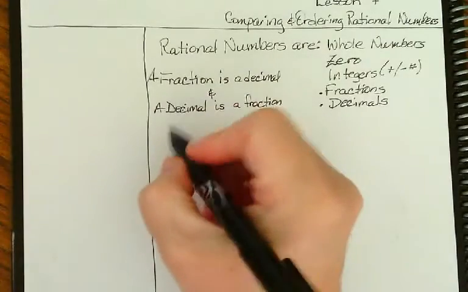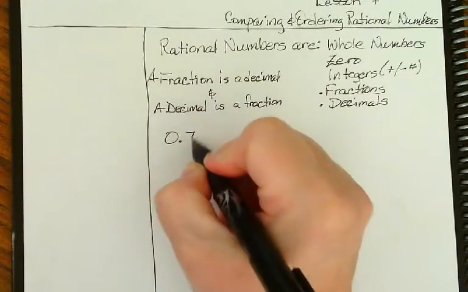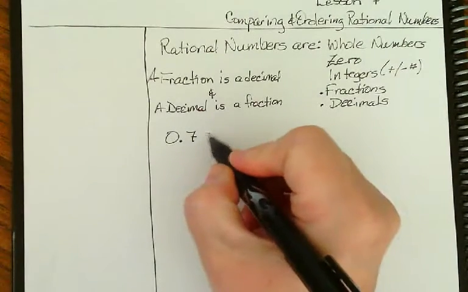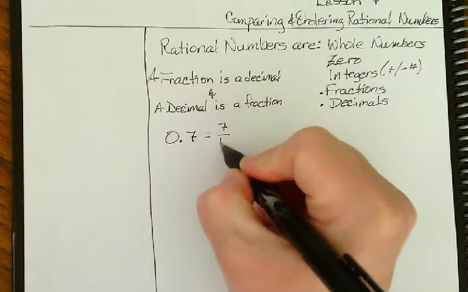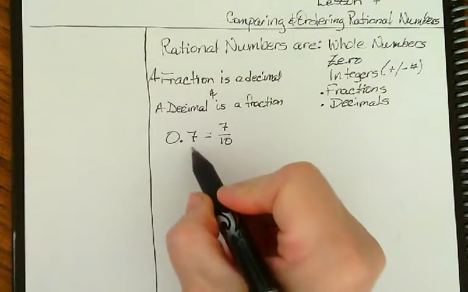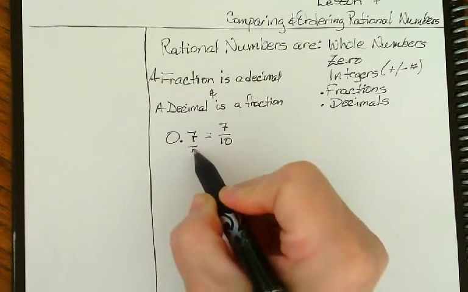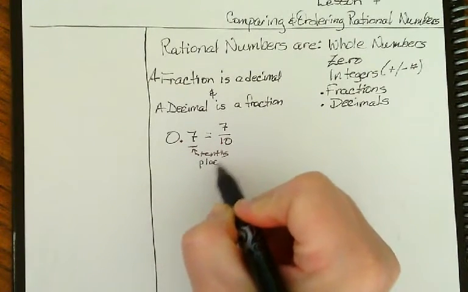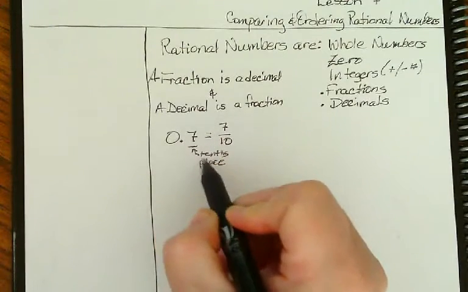Okay, so let's look at this number here. That is a decimal. It's a rational number written as a decimal. Isn't that the same thing as that? Because this is our tenths place, and we have 7 tenths.